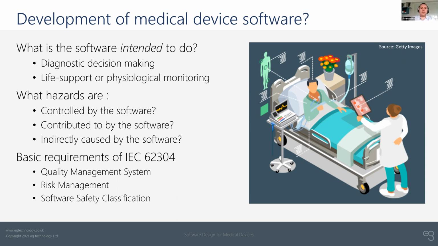The basic requirements of 62304 build really upon the higher level requirements from the regulations of having quality management systems in place, the risk management process which applies for all medical devices, and the software safety classification, and we'll delve into those a little bit more in the next couple of slides.